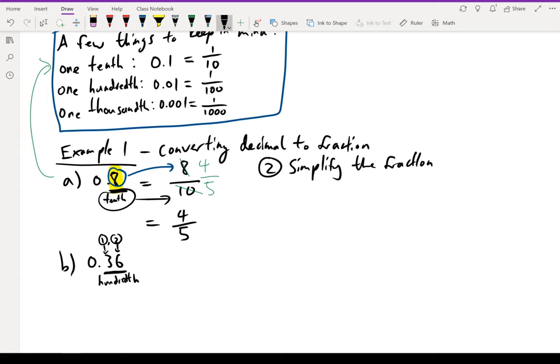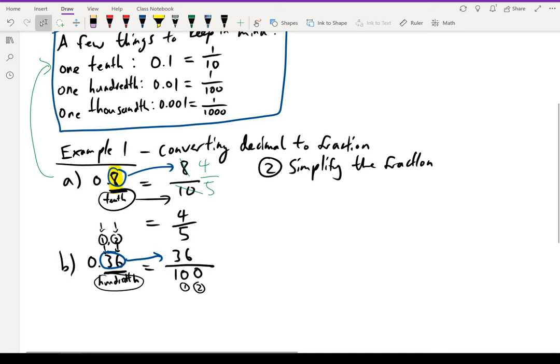And so again we write the number after the decimal on the top. So this is equal to 36, and then the bottom is going to be the 100th place, or 2 zeros. So you see here there's 1, there's 2. I can write 2 zeros down here. So that's how we convert a decimal into a fraction.